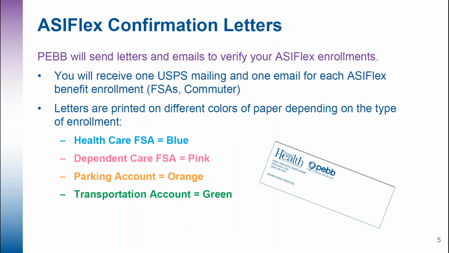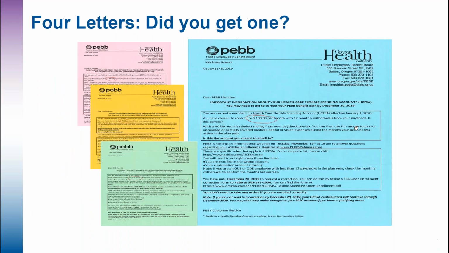It makes it easy for you. It also makes it easy for us if you call in with questions or you're not quite sure. It's really easy for us to say, okay, what color was your letter? And you can say, oh, it was pink. Okay, we know that you're talking about a dependent care FSA.